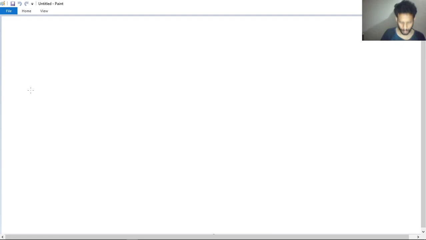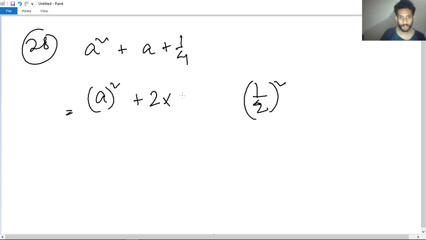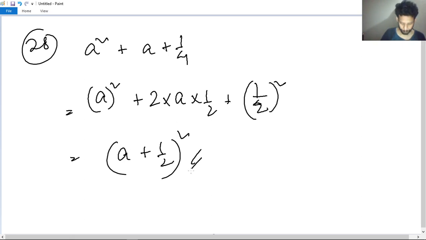So this is done. After that, 28 is a square plus a plus 1 by 4. So here it will be a whole square, this one will be (1 by 2) whole square, then the middle part will be twice into a into 1 by 2, so it will be (a plus 1 by 2) whole square.